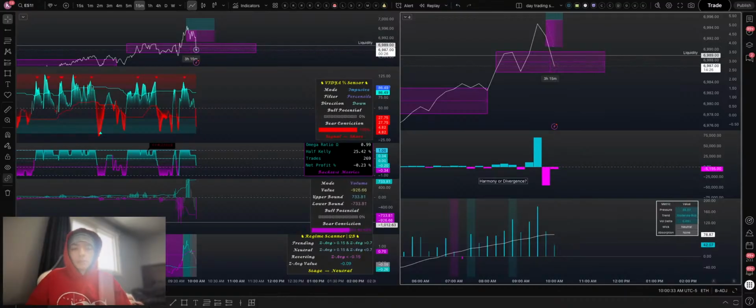Move stop to break even. Yeah, we're having a strong reversal. So we're in. Stop is at break even.